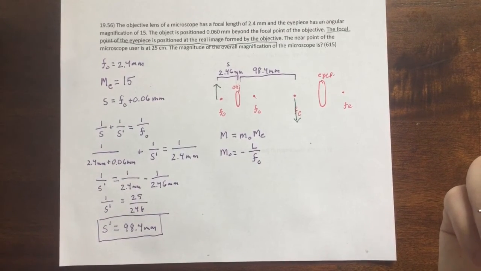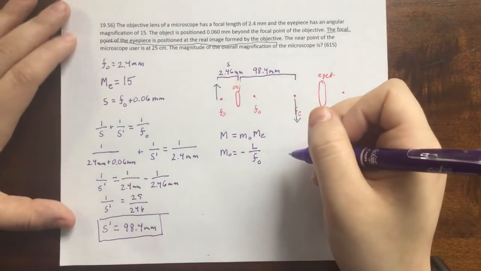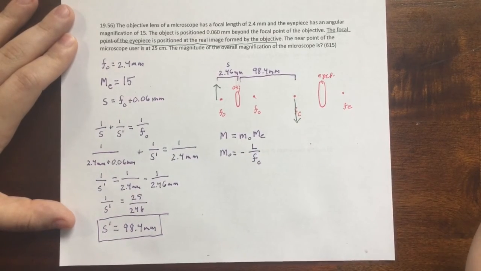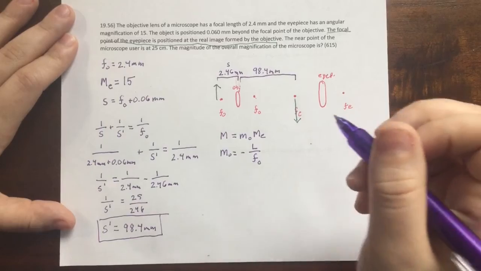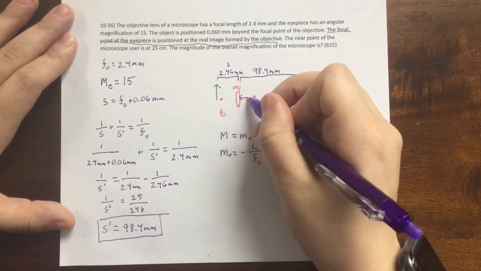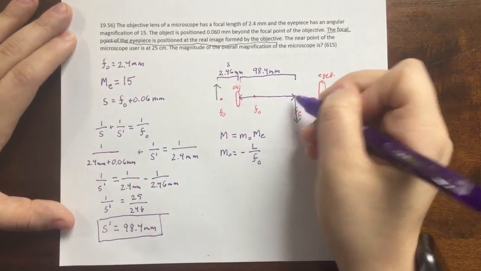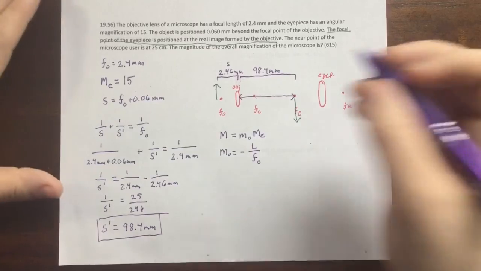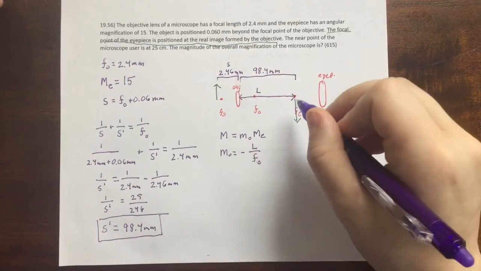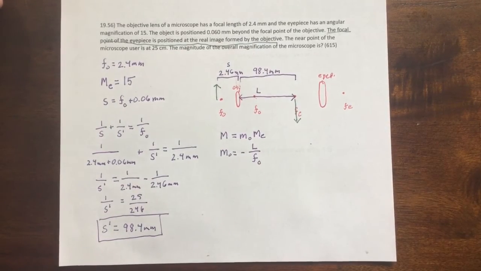I don't know if I stated this in the notes, but we have this L. L is the tube length. This is the distance between the objective lens and the focal point of the eyepiece. L in a microscope is the distance between the objective lens and the focal point of the eyepiece. That's how we are defining L.